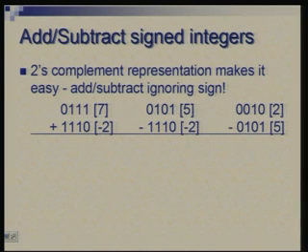If you are given a negative number like this and you want to find out what it represents, again do the same thing. Take its one's complement, or invert all bits, and add 1. So, if you complement this, you will get 0, triple 0 and 1, and you add 1, you get 2. So, basically this is a representation of minus 2.